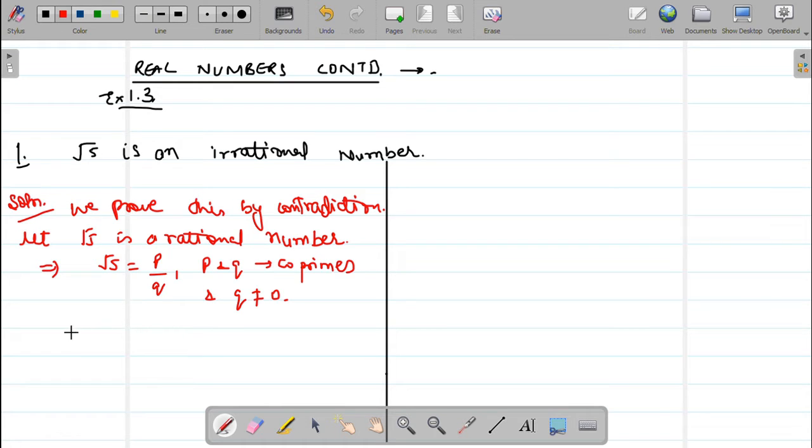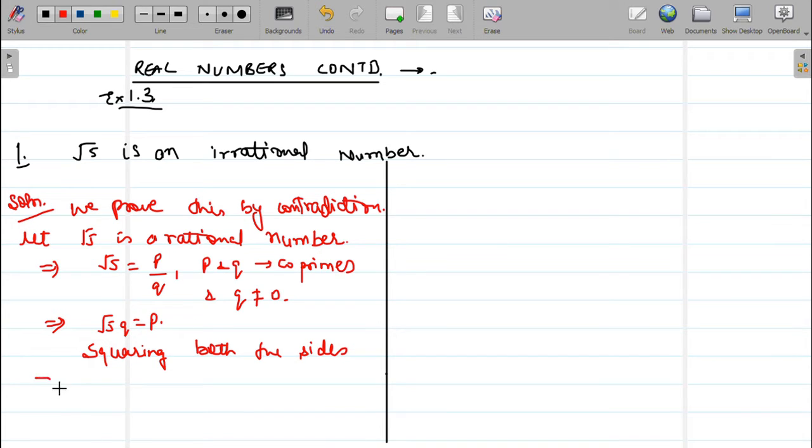So we take it further. I write it as root 5 q is equal to p. Squaring both the sides, this implies that 5q square is equal to p square.